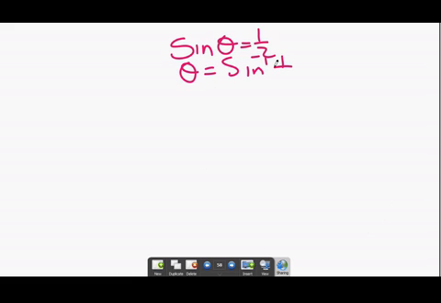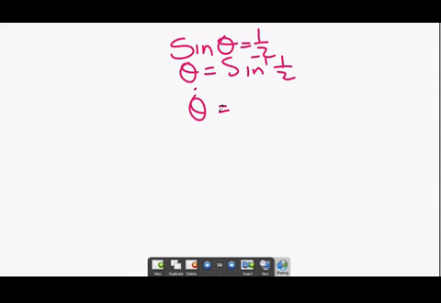Similarly, if I do the same thing for sine, suppose they give me sine theta is also equal to half. I'm just using half because it's easy. I know I'm going to solve it. Sine theta is going to be sine inverse of half, which means I'm going to press my calculator and get theta.